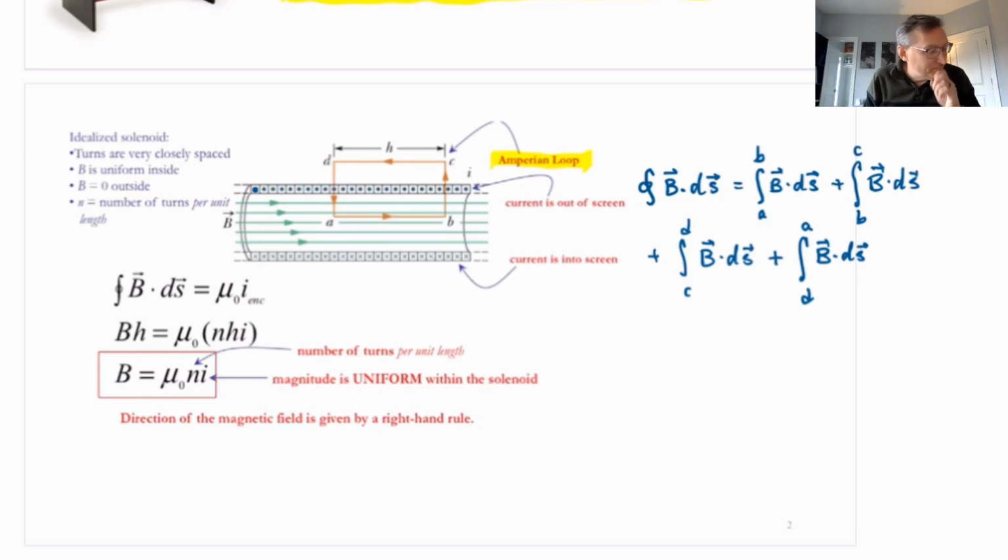All right. First, let's look at that integral, B dot ds from b to c. So along here. I contend that the integral of B dot ds is 0 along that side. Let's talk about why. Well, if I'm integrating in the direction shown, then any little ds that I have to deal with, like right there, is in that direction, but I've got to do B dot ds.